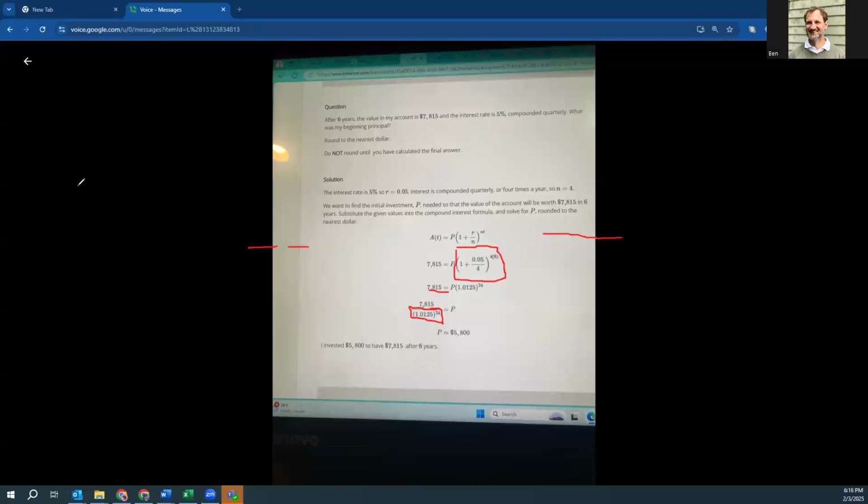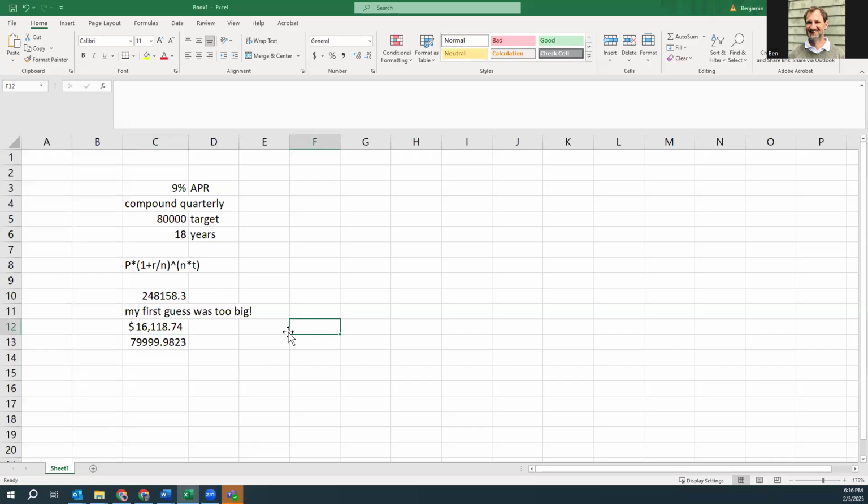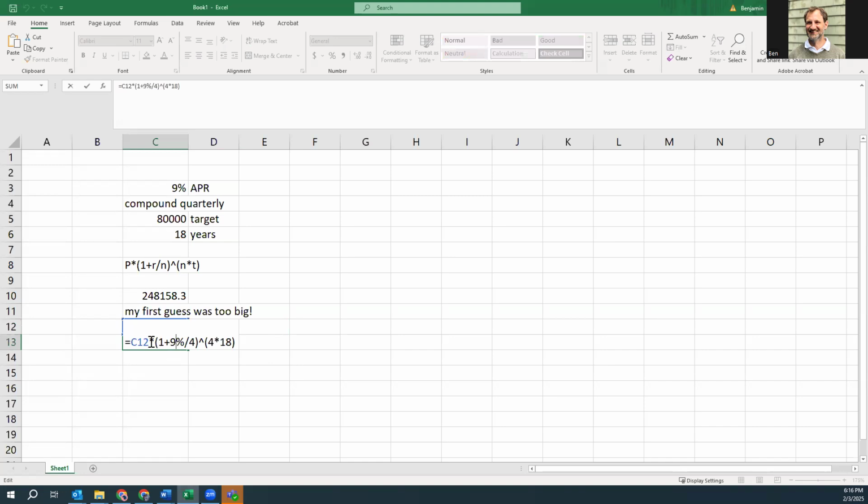But basically, the way that would look is, let me clear my drawings here. If you want to follow what they're doing, you can do essentially the same thing in Excel. So basically, I'm looking for this number. This part is all fixed. And I know 80,000 is my target.